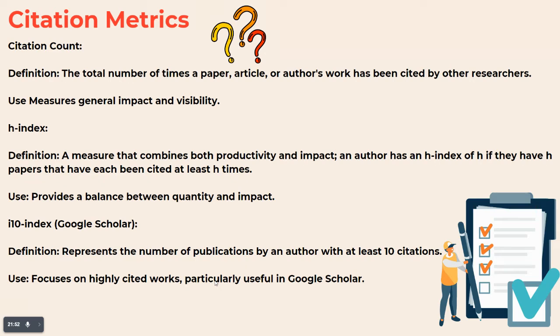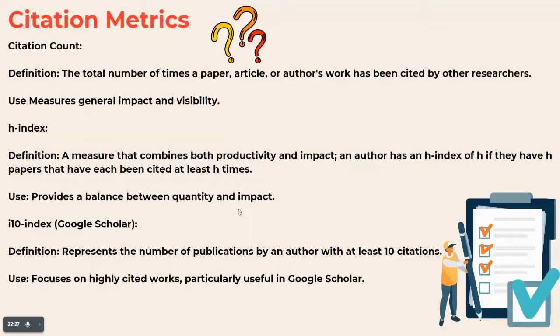Let's say the H index is H if they have H papers that have each been cited at least H times. This is actually the definition, right? Now if I make it easy for you, the H index gives you a way to understand the quality and the impact of that research.